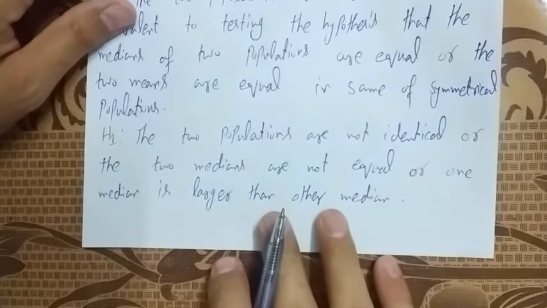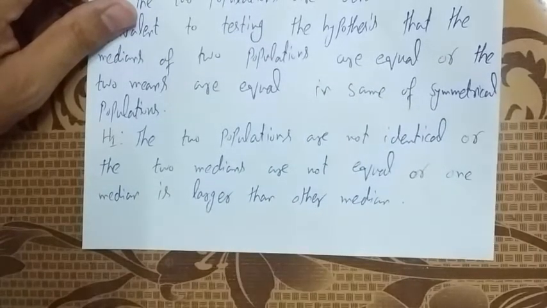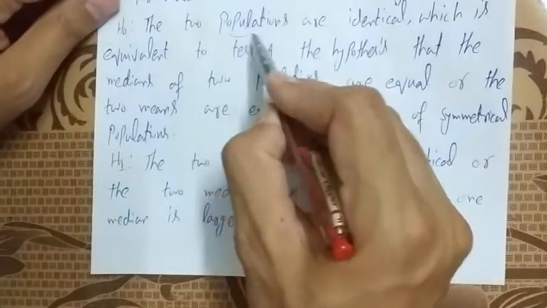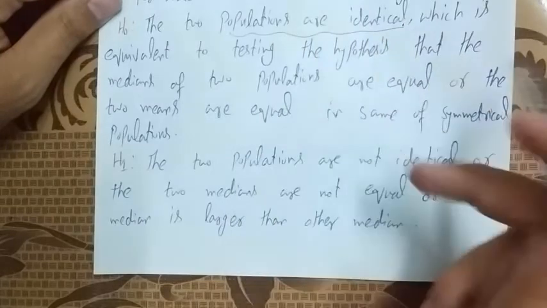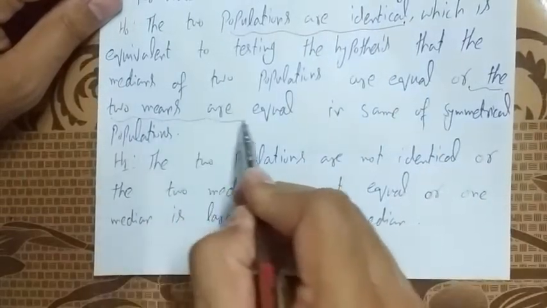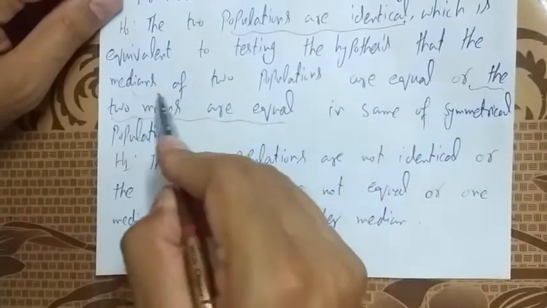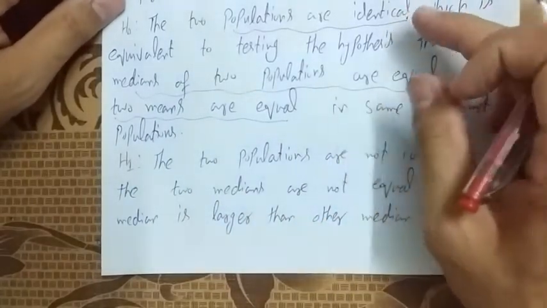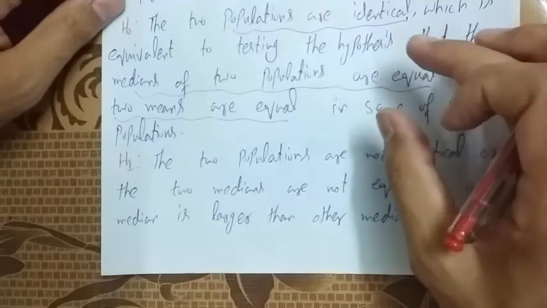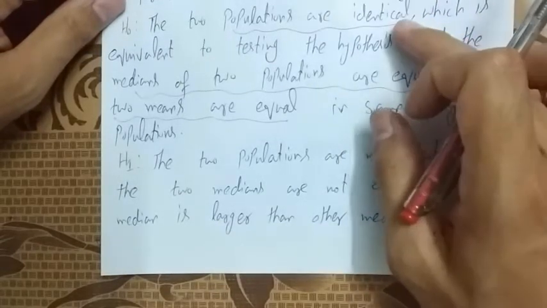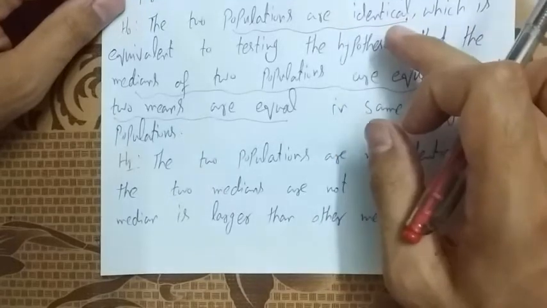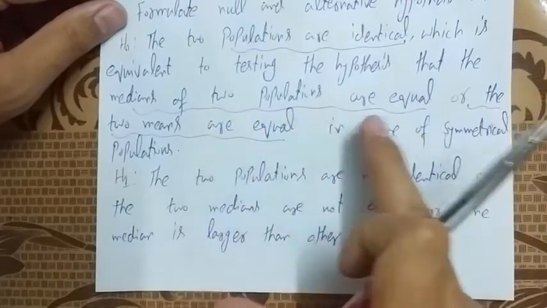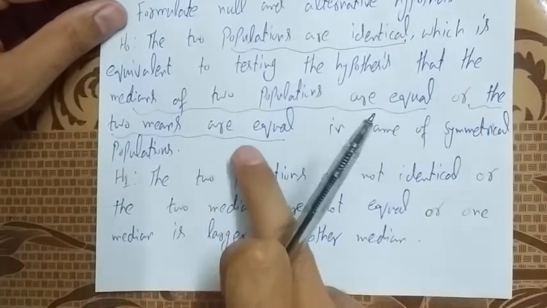Okay, students, in the null hypothesis, simply keep in mind that the two populations are identical, or the medians of the two populations are equal, or the two means are equal.